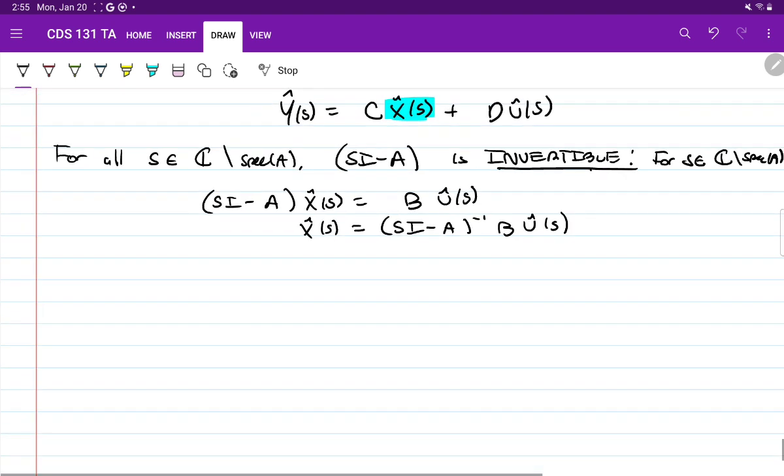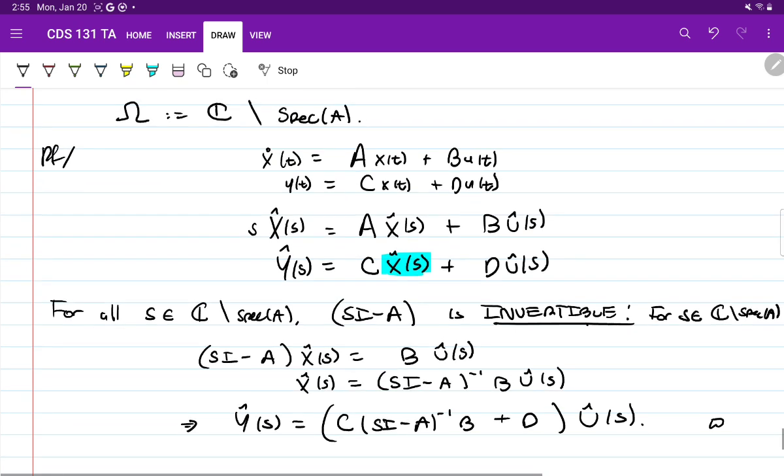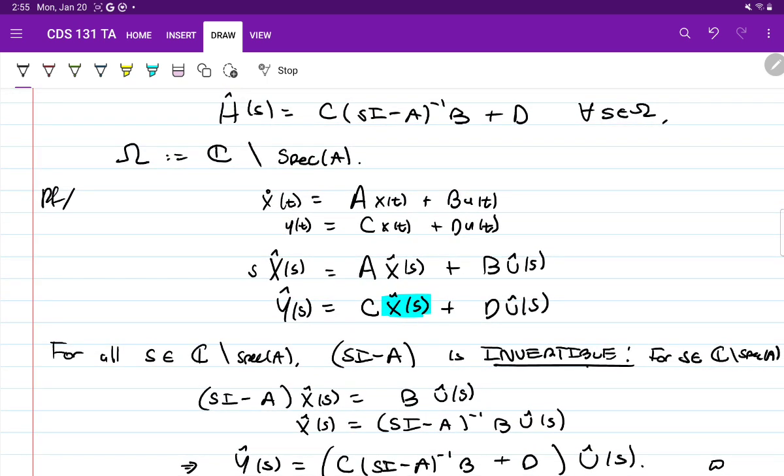We plug this into the lower equation, and what we'll find is that y hat of s is equal to C (sI minus A) inverse B plus D, all multiplied by u hat of s. And that gives us our proof. And remember, this fact that this thing is defined on all of C minus spec A follows from an analytic continuation argument.